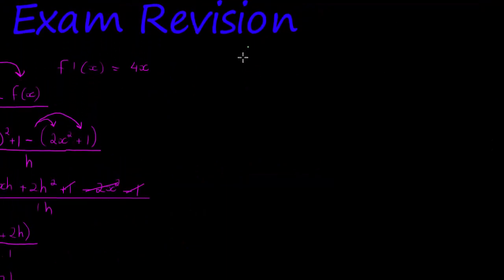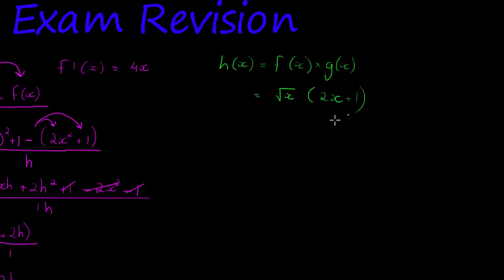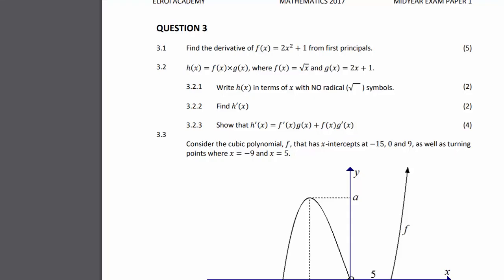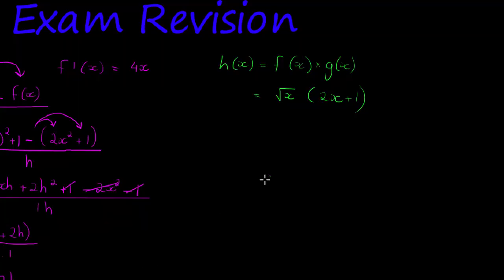So h of x is equal to f(x) times g(x). Substitute, so square root x times 2x plus 1. Let's confirm. Yes. And then we must just simplify.